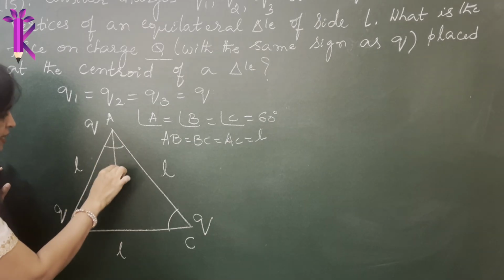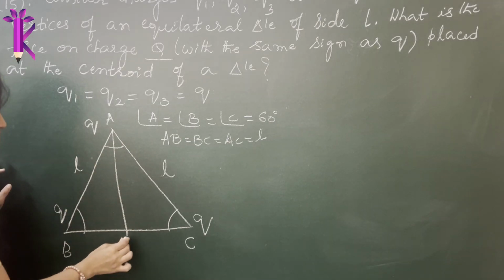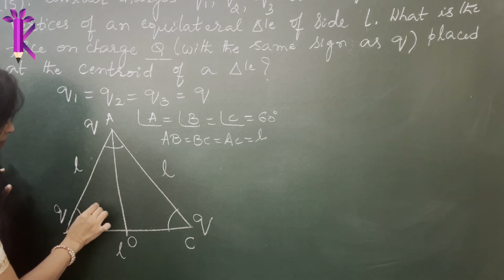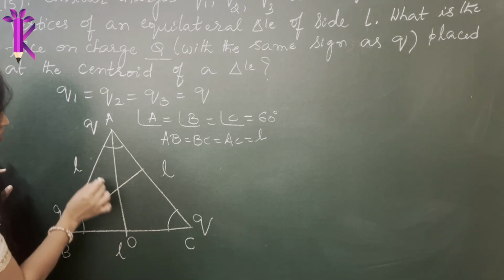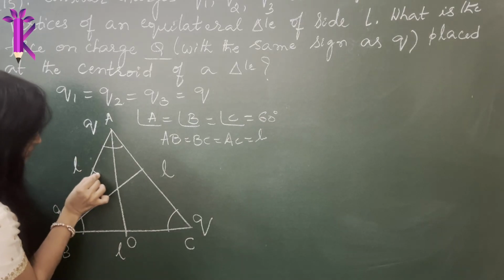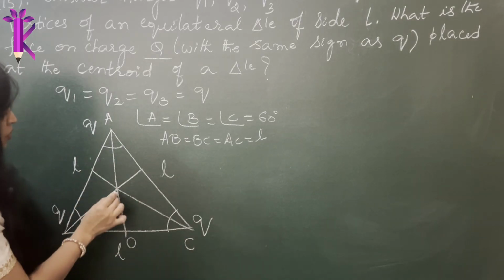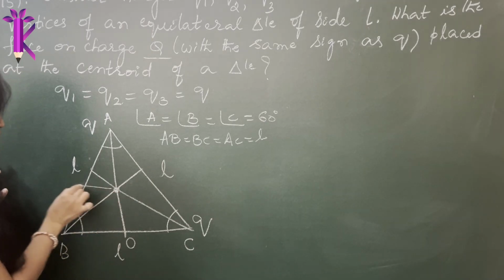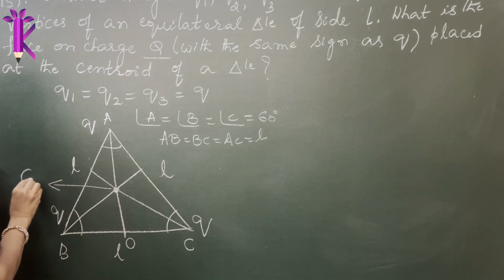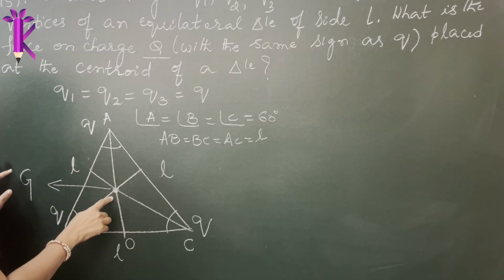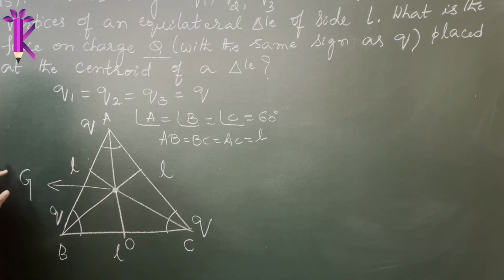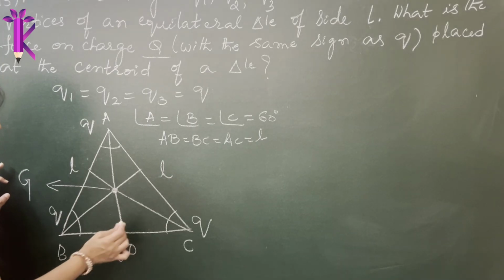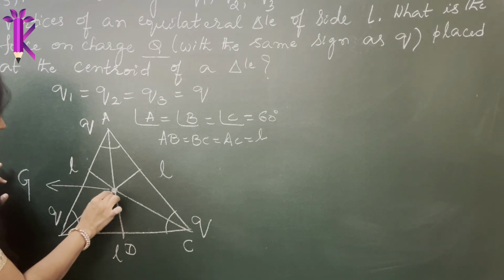So this is a perpendicular bisector I am drawing, which bisects, and let me call this point O. Similarly, let me draw a perpendicular bisector here, and also here. So this point is what is called the centroid. Centroid is generally represented by the letter G. Let me call this point D, and this point O.